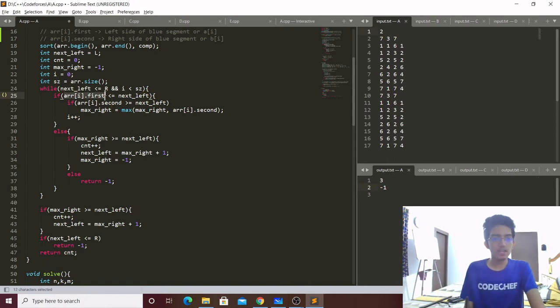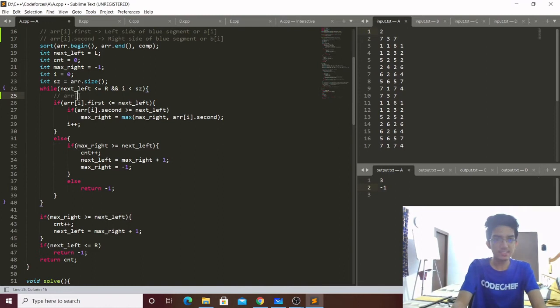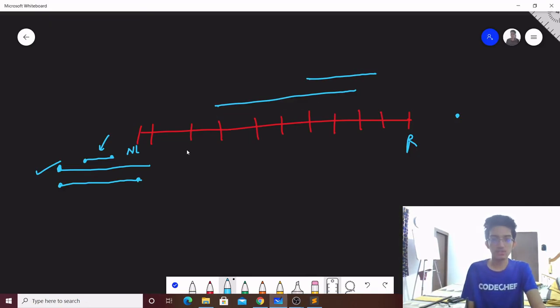Okay, now array of i dot first. This is our current left, that is, this is our A of i. Should I write it? Yeah, let's just write it. Array of i dot first is basically A of i. And we check if our A of i, that is the left endpoint of our blue segment, is less than or equal to next left. So it is this case that our next left is over here and these are our A of i.